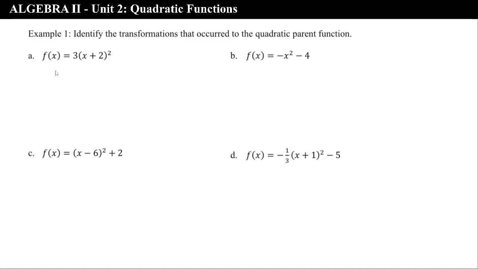So let's start off with A. We have a number out in front, so that means we have a stretch or compression. And since it's greater than 1, that means we have a stretch, and that stretch is by a factor of 3.